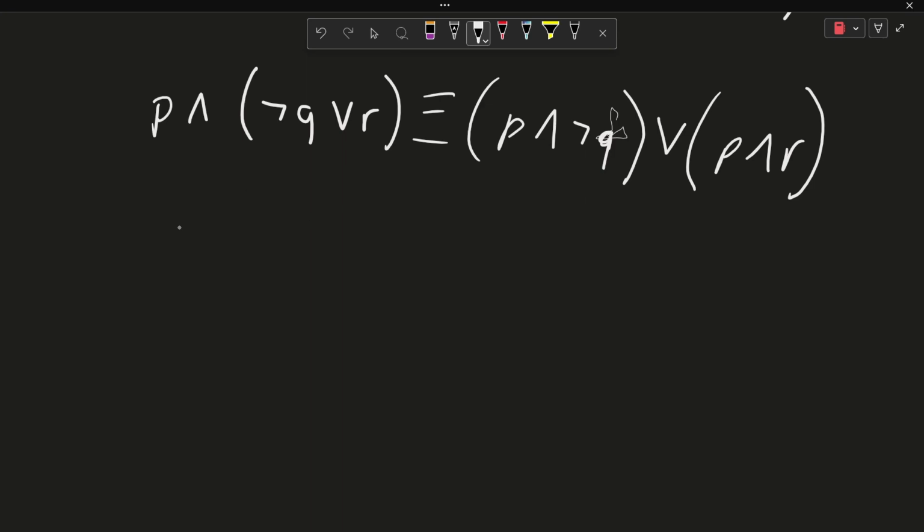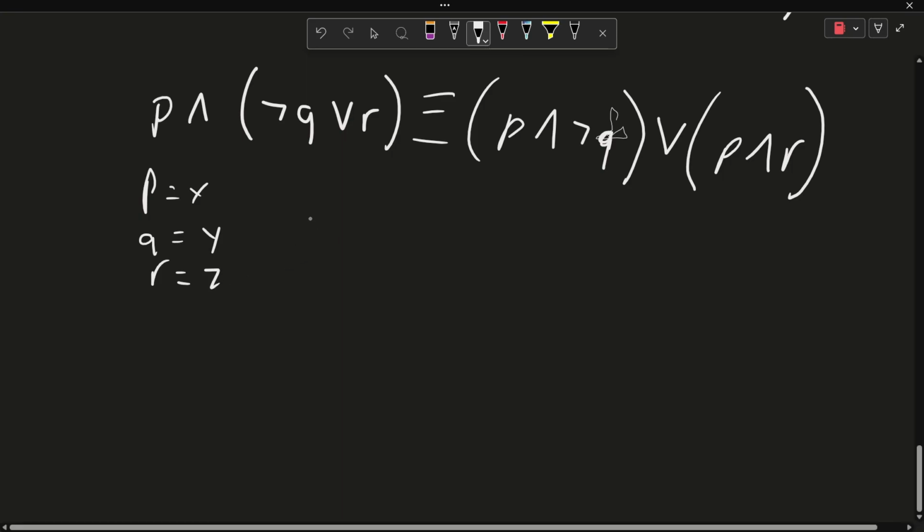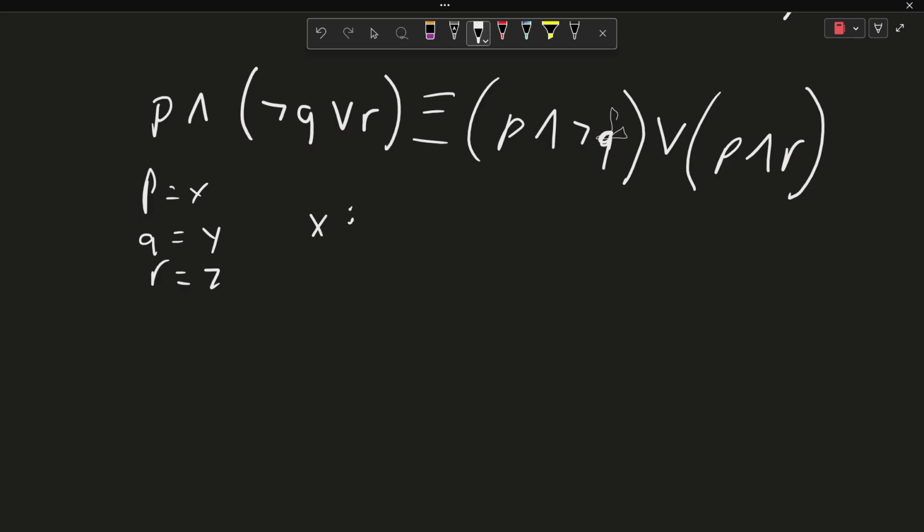So, assuming P is X, Q is Y, R is Z, that's X and Y not or Z. I feel like I can't tell because that question is worded weird.